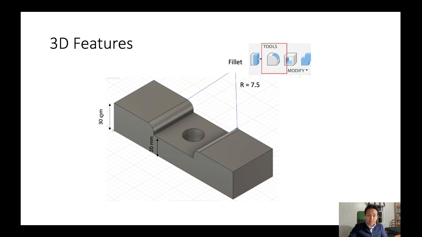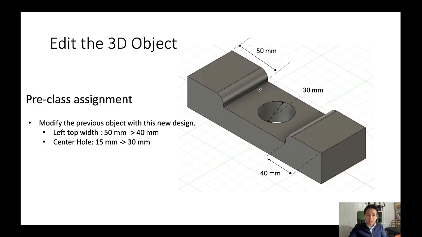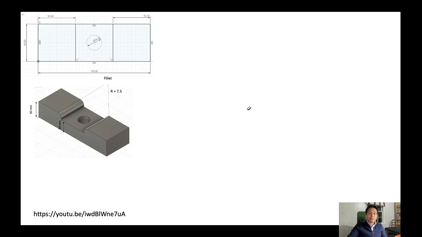I'm providing the sizes: 30 millimeters and 20 millimeters, and the radius is 7.5. I created a guiding video on YouTube, so you can take a look at this video on the YouTube site.